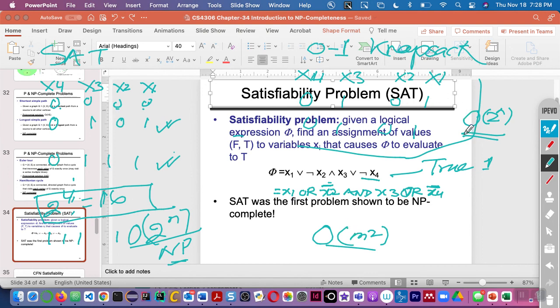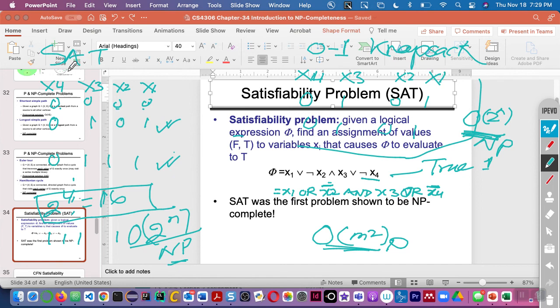So that was previously, before the invention of dynamic programming, non-polynomial. But now with the invention of dynamic programming, this is polynomial. Now it is polynomial, right?